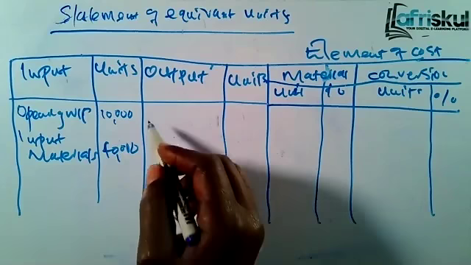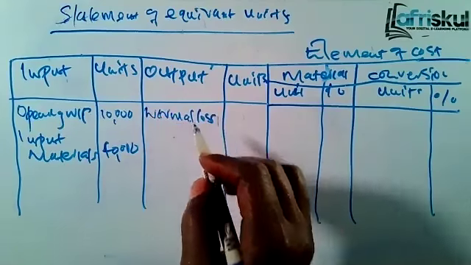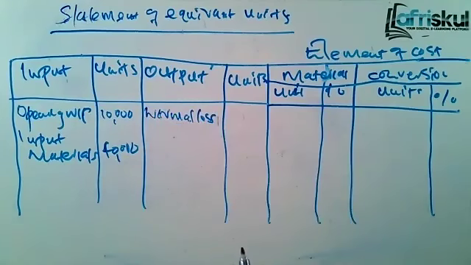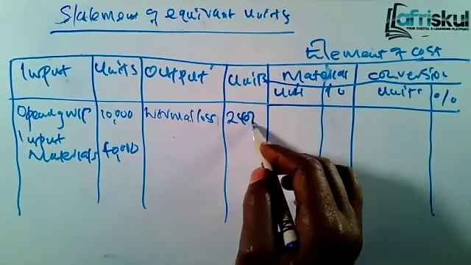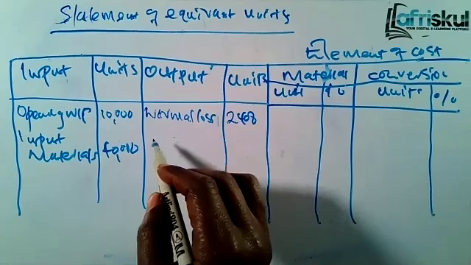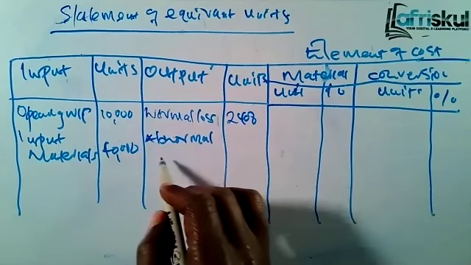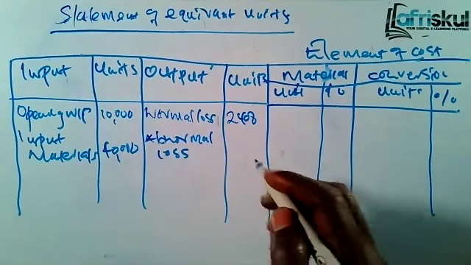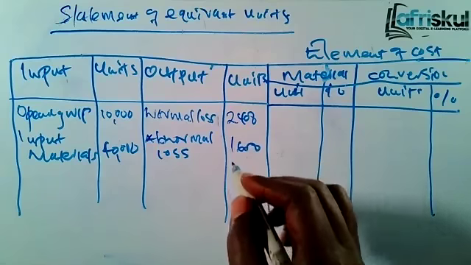So we'll start with the normal loss. Our normal loss was how many units? 2,400 units. So right there, 2,400. And then there's abnormal loss, which was 1,600 units.